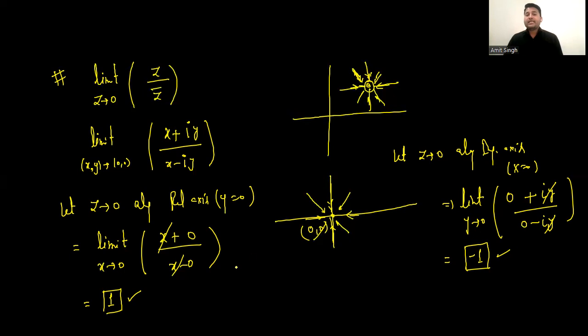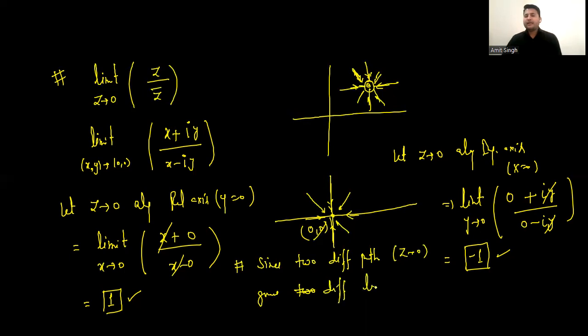Since through different paths we are getting different limiting values, two different paths for approaching z as 0 give different limiting values.